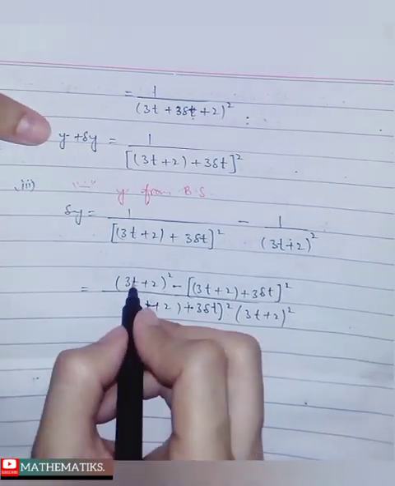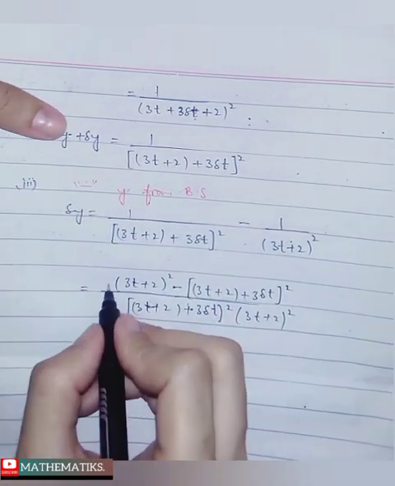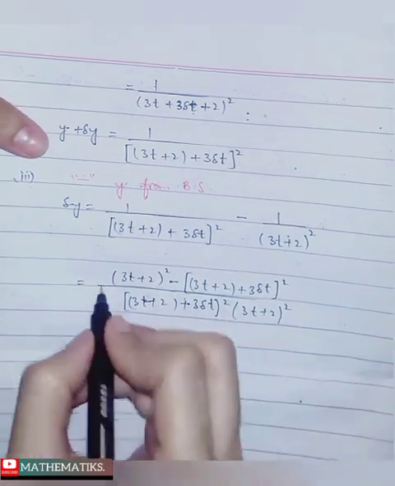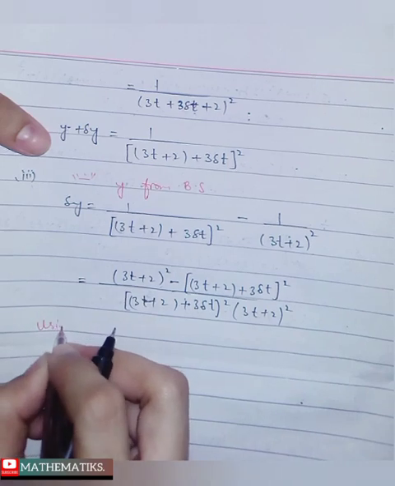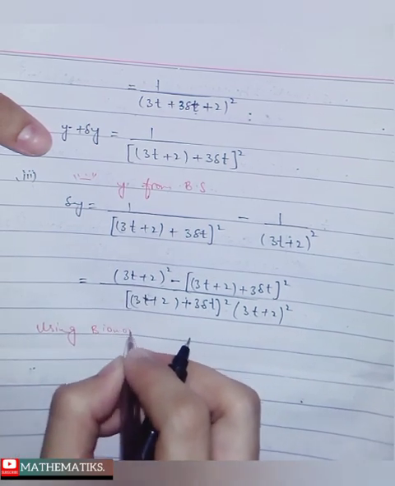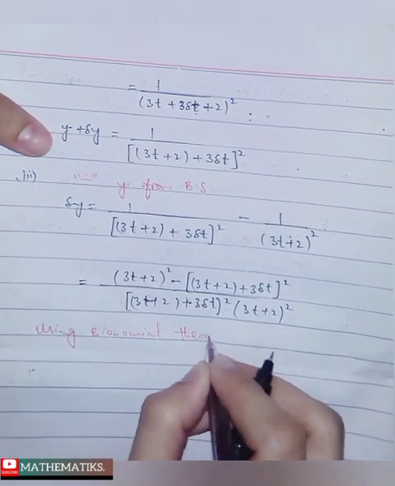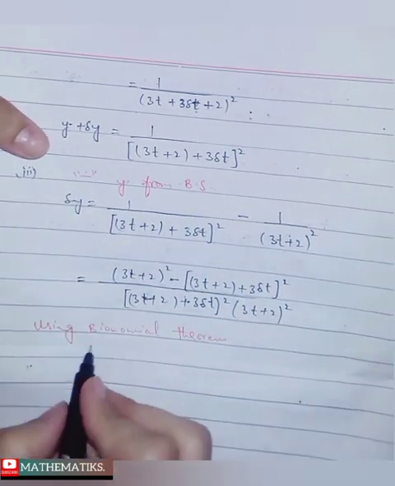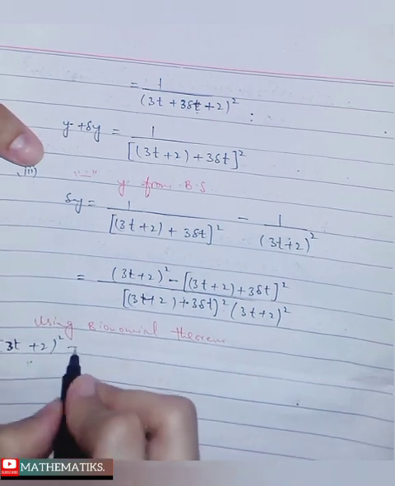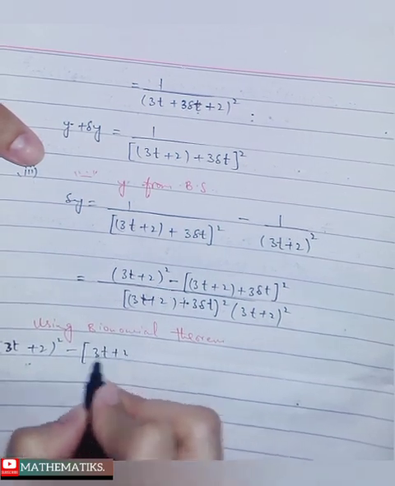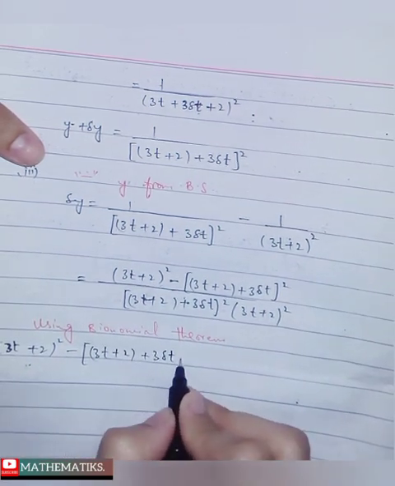We are going to solve its numerator by using the binomial theorem. Its numerator is (3t plus 2) whole square minus (3t plus 2 plus 3 partial t) whole square.